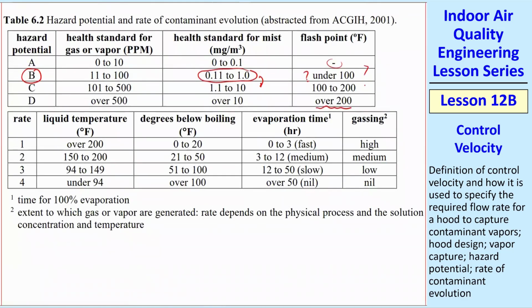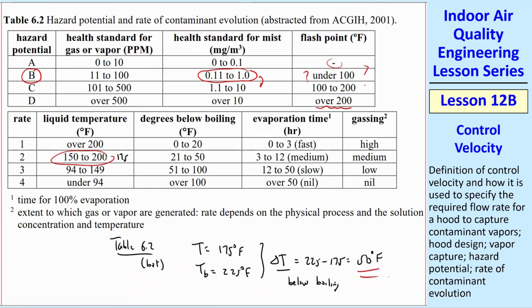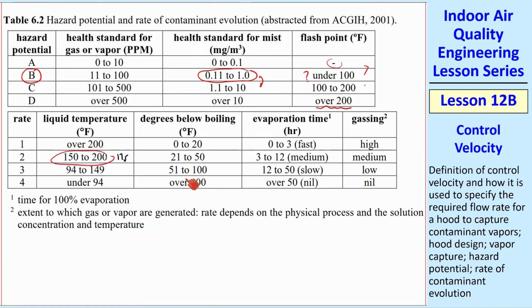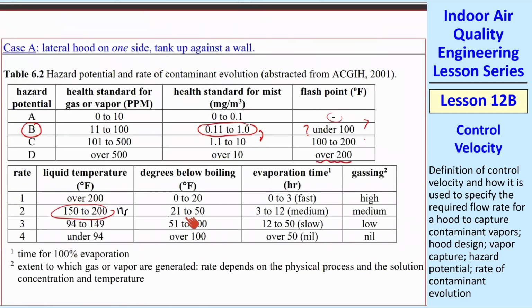The liquid temperature was 175, this row, and the degrees below boiling we just calculated was 50. So we look at this next column, and 21 to 50, this one happens to be on the border here. We're going to call that 2. Evaporation time we don't have, and we don't have anything about gassing.